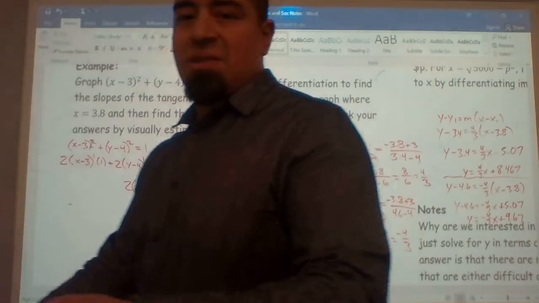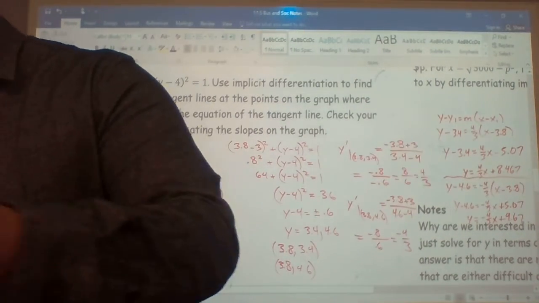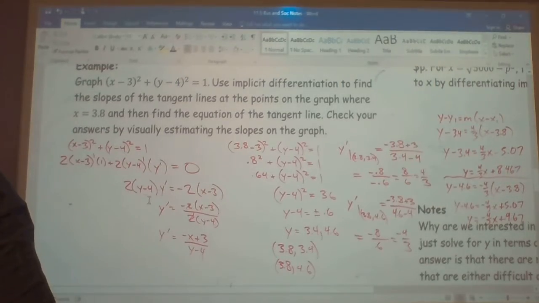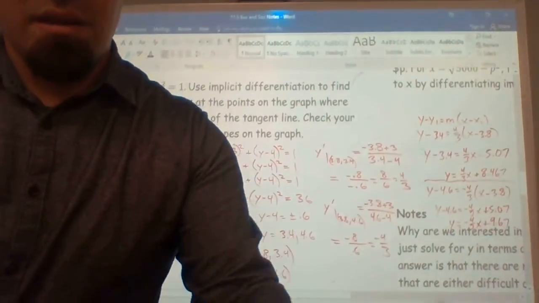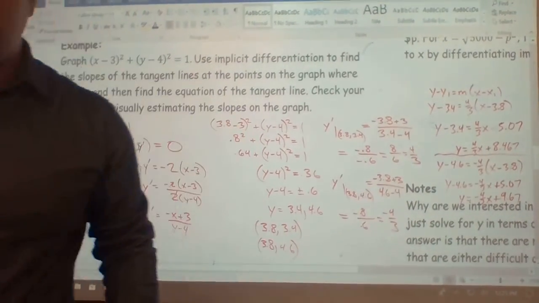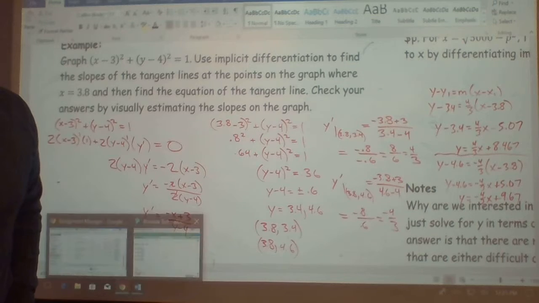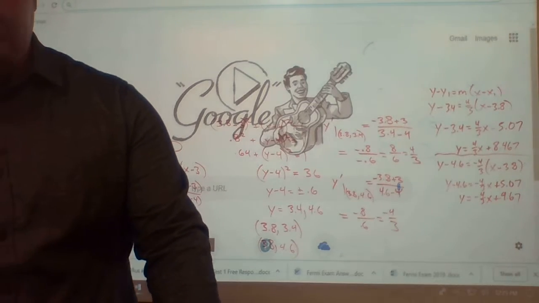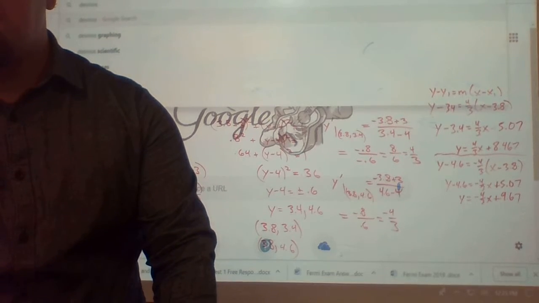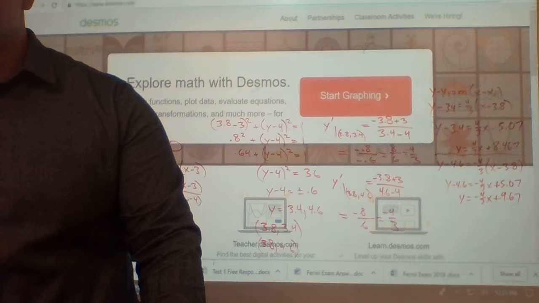And here, just so we get an idea, I'd like to go here, just so you see the screen. What did we do? That's always the question. You can go to Desmos.com. This is a graphing tool.